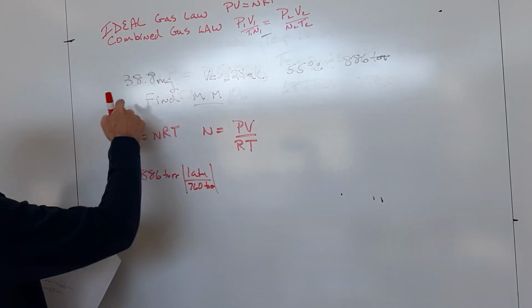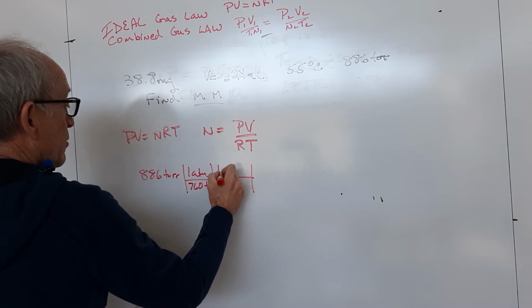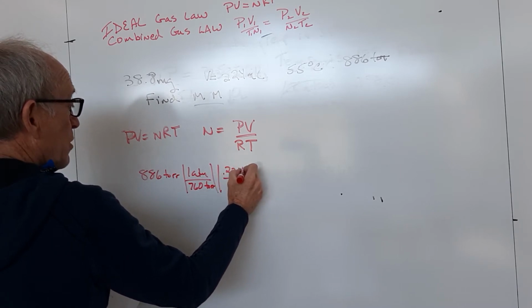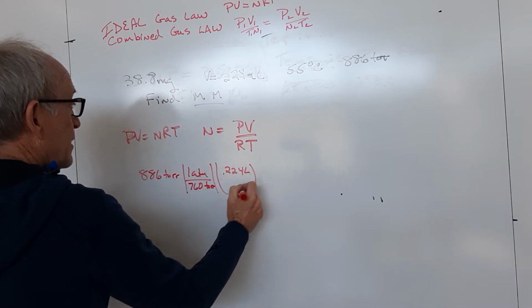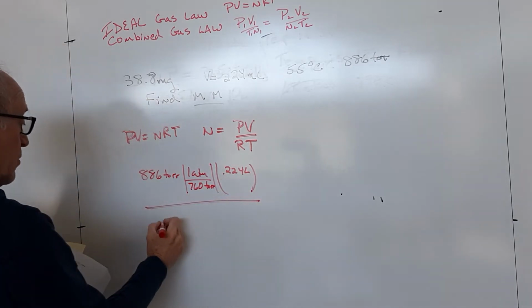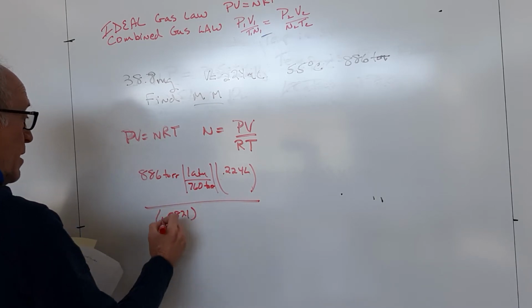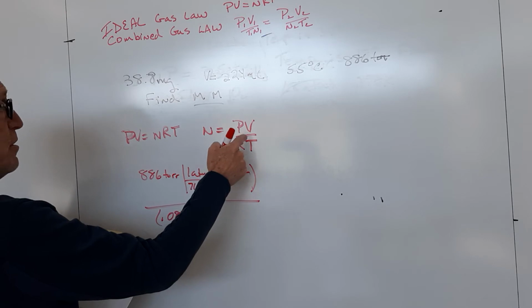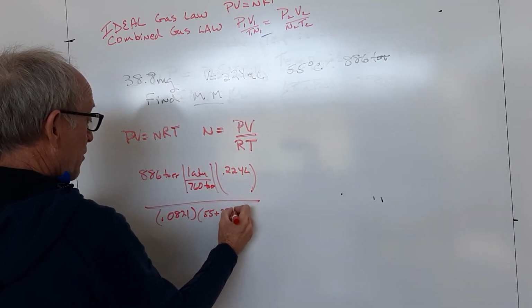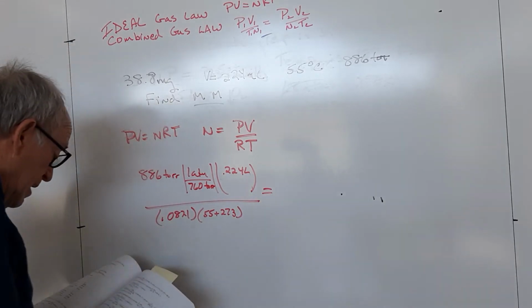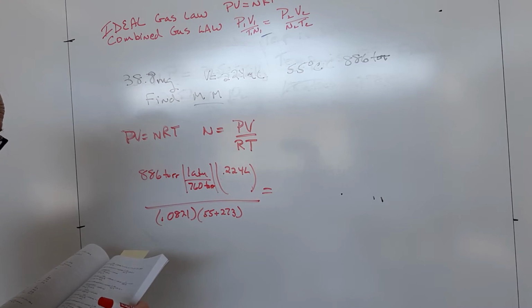That's my pressure. My volume has got to be liters, so it's 0.224 liters, divided by R, which is 0.0821 atmospheres, times temperature, which is 55 plus 273, has to be Kelvin. That gives me 0.00973.